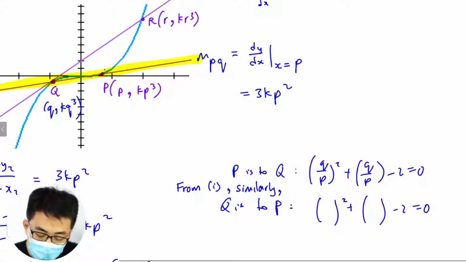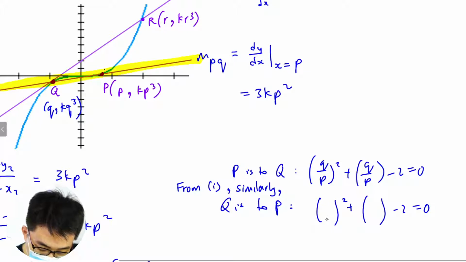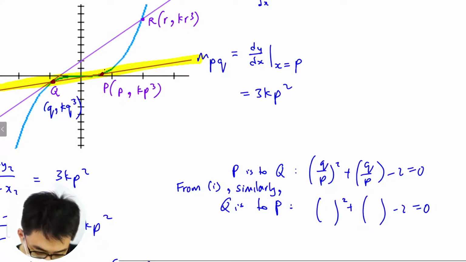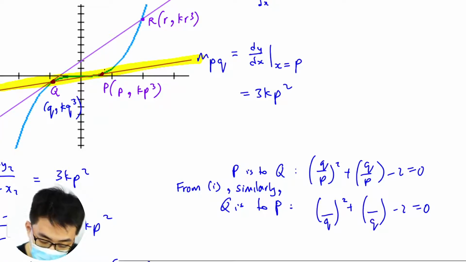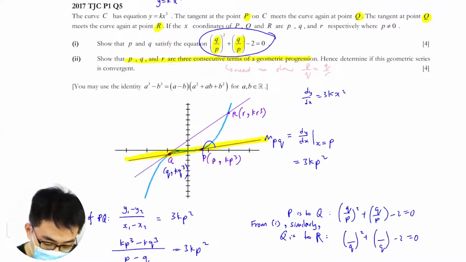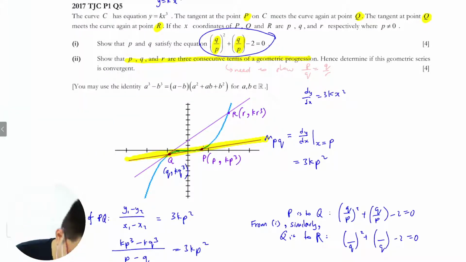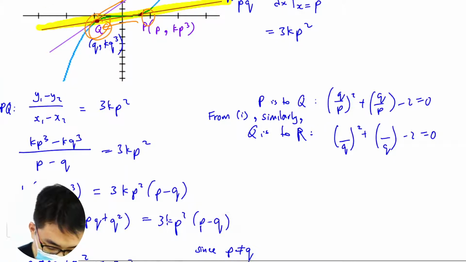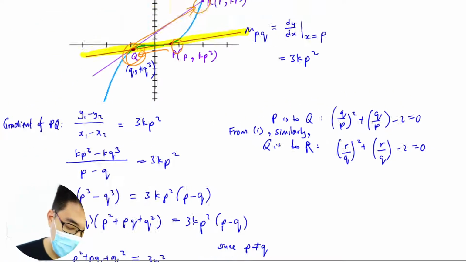You see this P here, P is below here. So if it's Q, then Q will be below here. Because if P is to Q here, then Q is to R here. So you repeat the same step as the first part, and you will get the same, Q is to P, Q is to R. So what we get is R over Q.